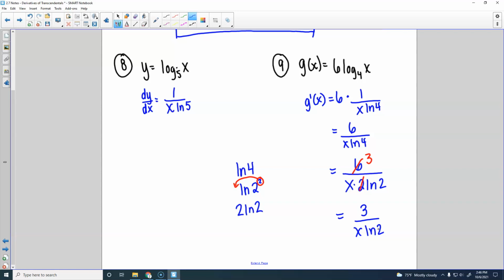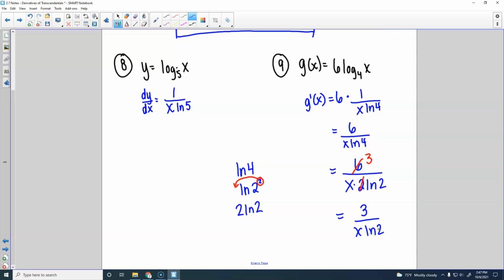Yeah. This would be calculator active. They would not expect, or not calculator, this would be multiple choice. They would not expect you to do it on free response, and don't even try it on free response because you'll mess it up. But a lot of times you might get this problem, and you got 6 over x natural log of 4, and you're like, this is easy. I know what I'm doing, but my answer's not there.